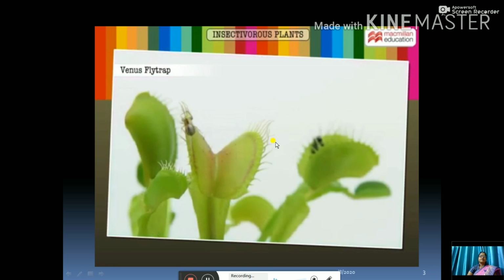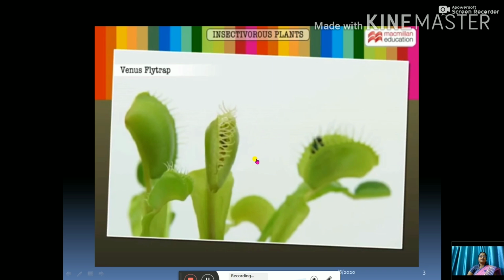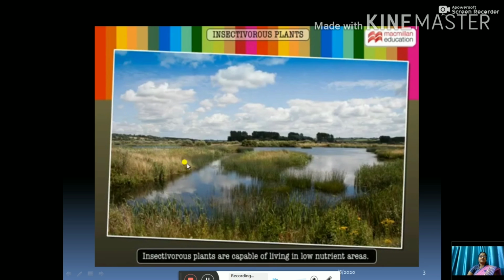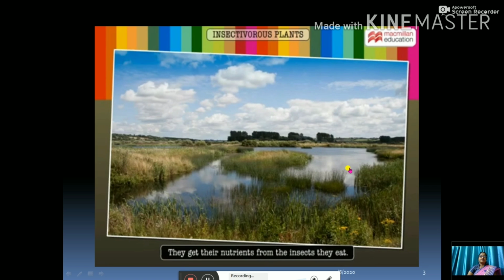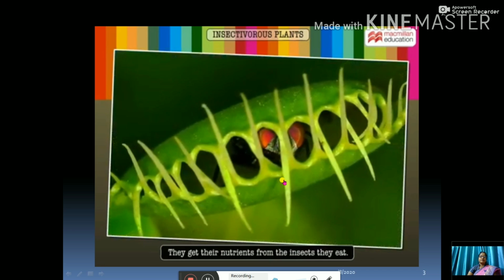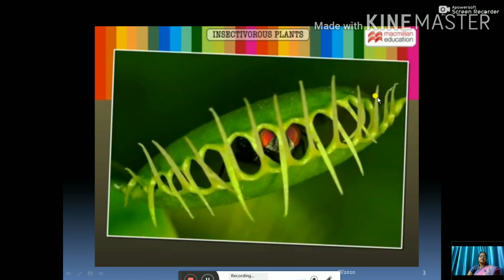Now, watch this carefully. The fly unknowingly hovers over the leaves of a Venus flytrap plant. And there, it gets trapped. That's the wonder of nature. Many of these insectivorous plants are capable of living in barren or boggy places as they get the nutrients from the insects they feed on, instead of from the soil.